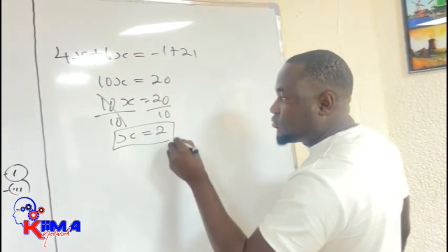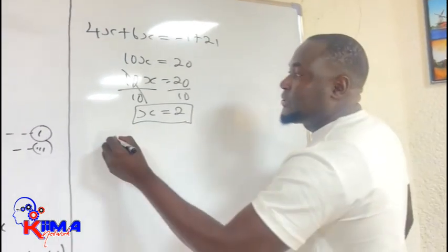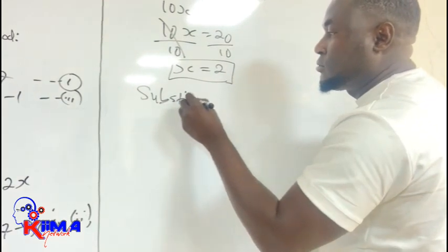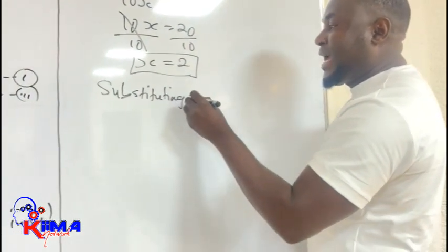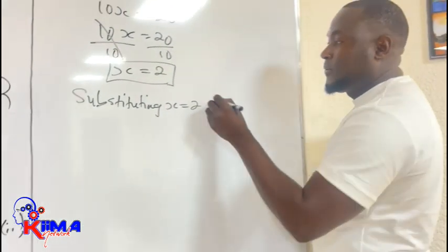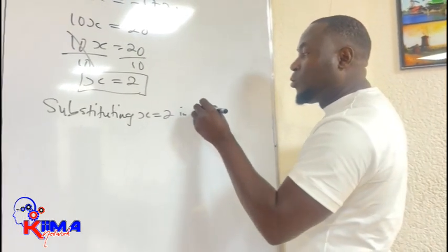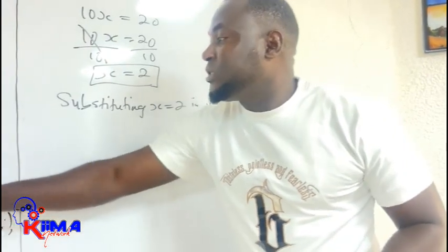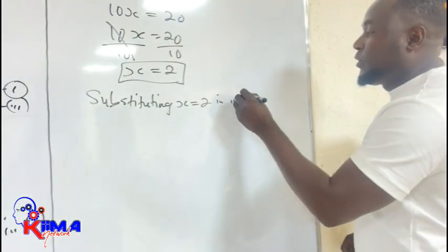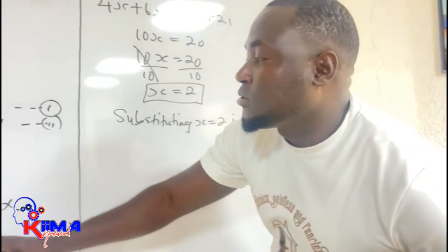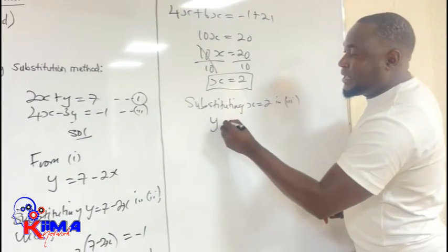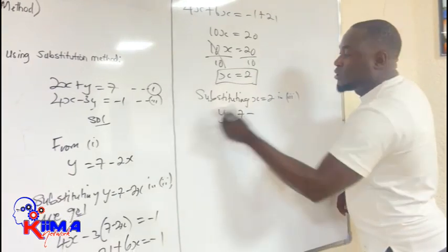This is the x value, 2. So substituting x is equal to 2 in equation 3, which is y equals 7 minus 2x, we get y is equal to 7 minus 2 times 2.